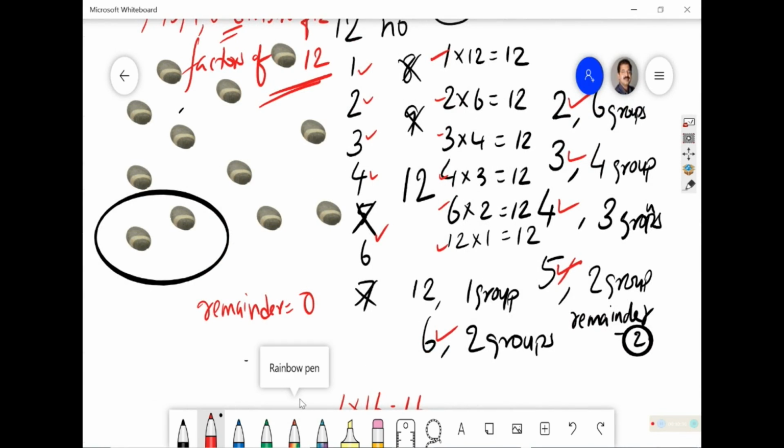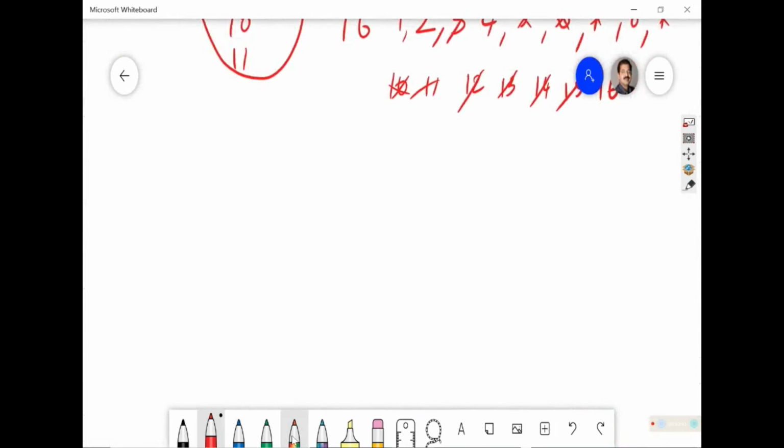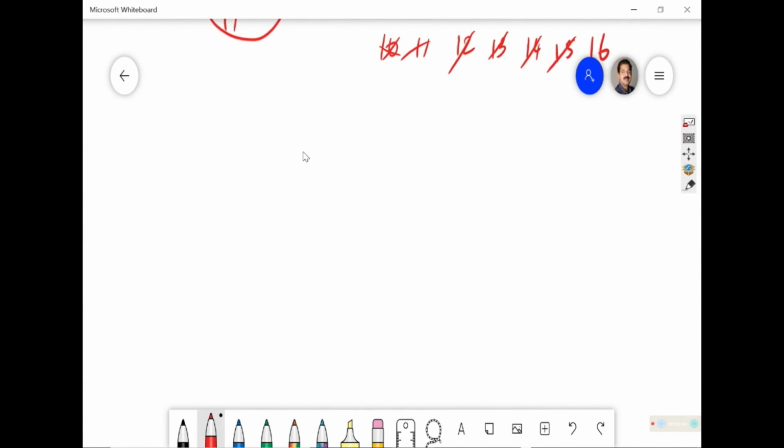And you know that. In your textbook, something is asked: what are the factors of the following numbers? Certain numbers are given there, like 8. If the factors of 5 are asked, you know 5 can be divided by 1, then 5. Finished.